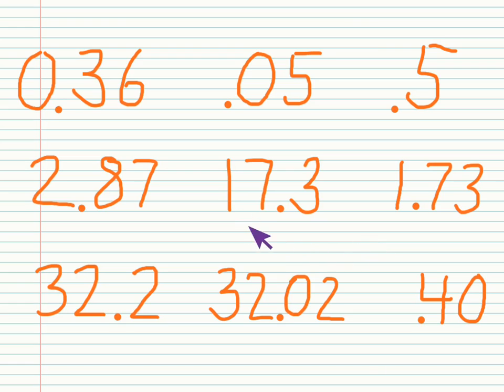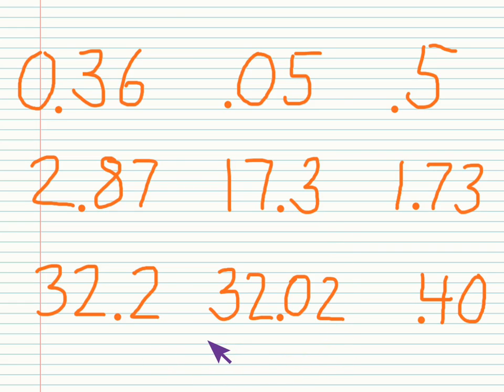Over here, same number, decimal point in a different spot. What is this? 1 and 73 hundredths. Down here, what have we got? 32 and 2 tenths.